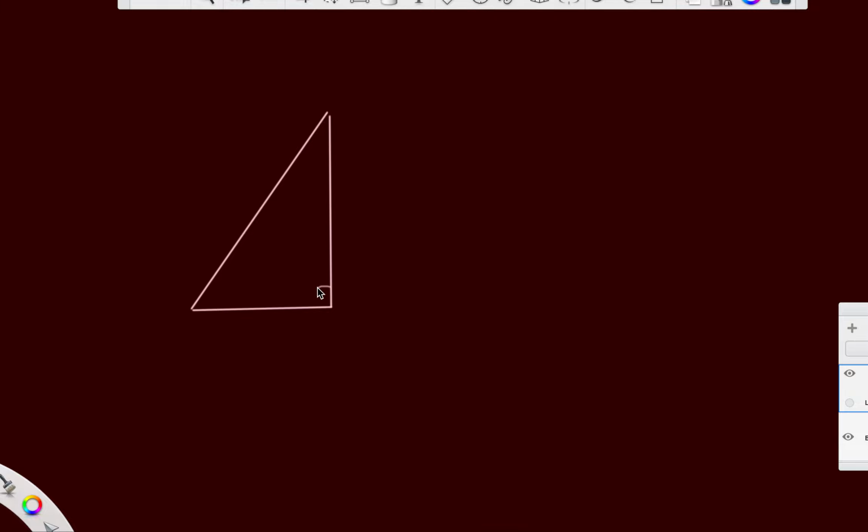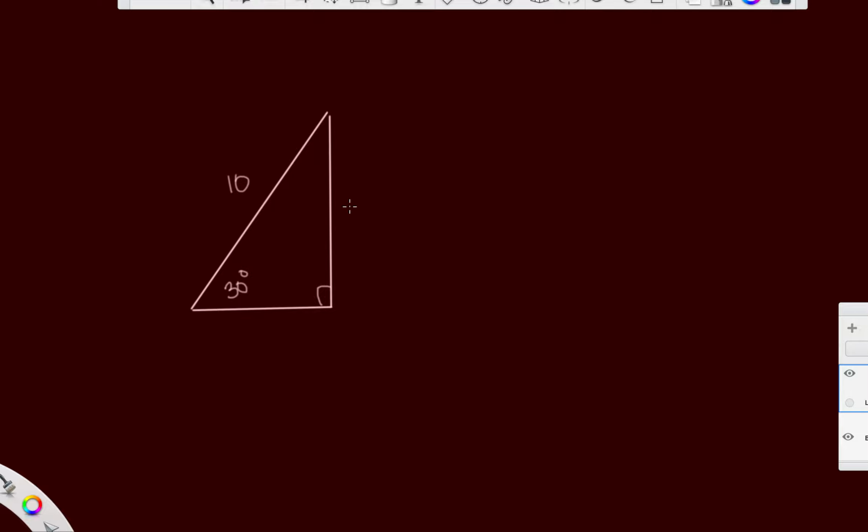And let's give ourselves, let's say this is 10. And we're given an angle of 30 degrees. The reason I use 30 is it's super easy.